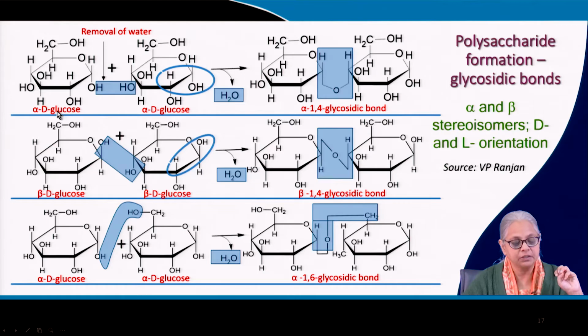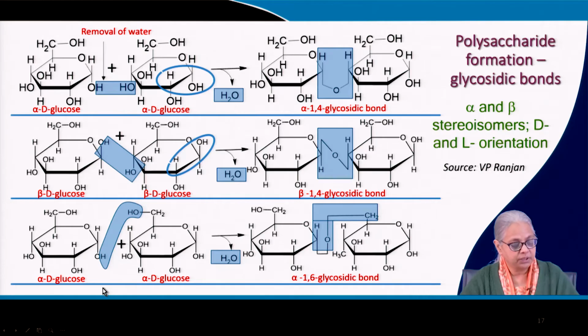That's how two alpha D-glucose molecules come together, by bonding at the C1 position of one and the C4 position of the other. Now, if you have two beta D-glucose, alpha and beta being stereoisomers, it's going to bond, and therefore you get what is called the beta 1,4 glycosidic bond.